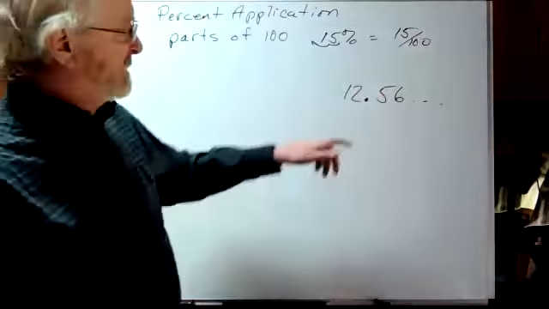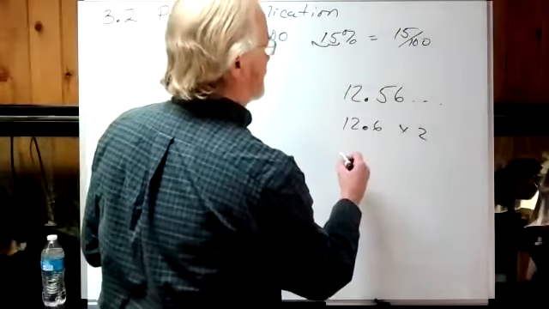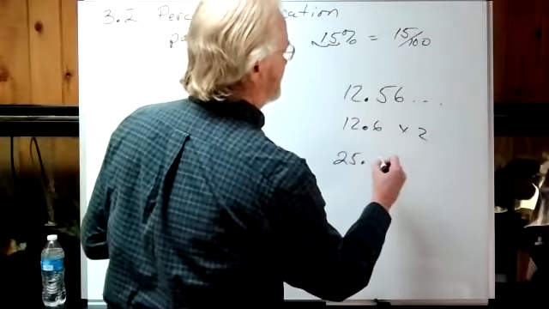And some folks rounded that right there. They rounded it and got 12.6. And so when there were 2 of them, you had to multiply that by 2. And 2 of those turned into what? 25.2.